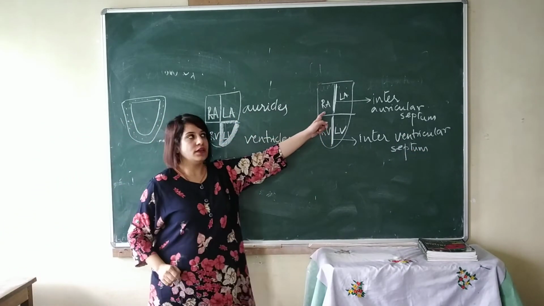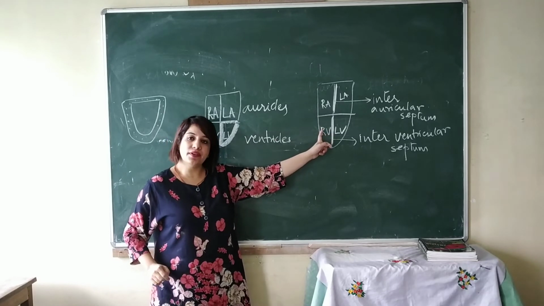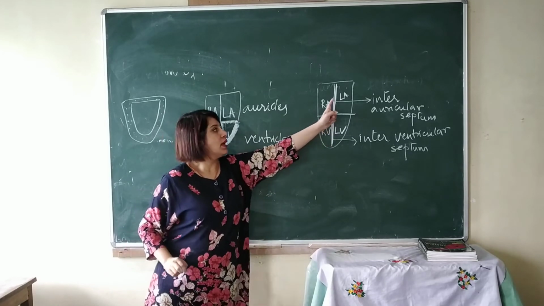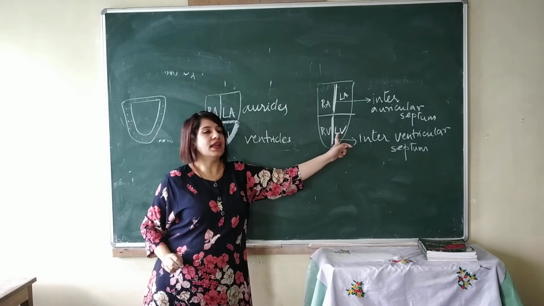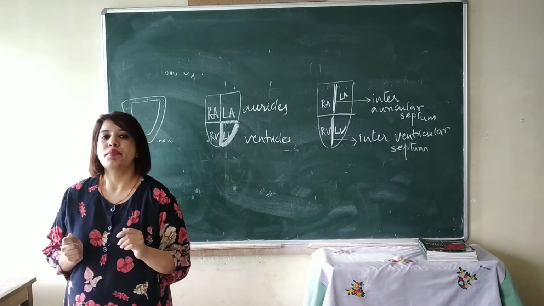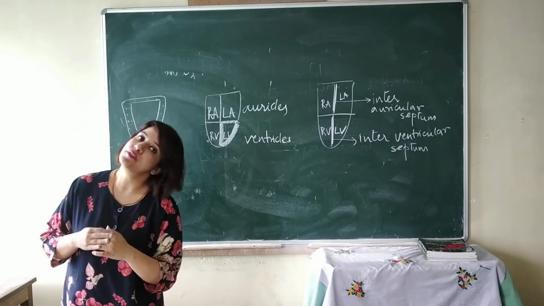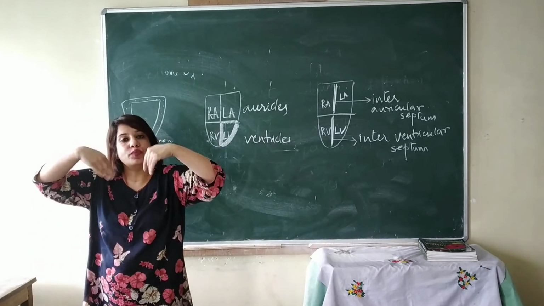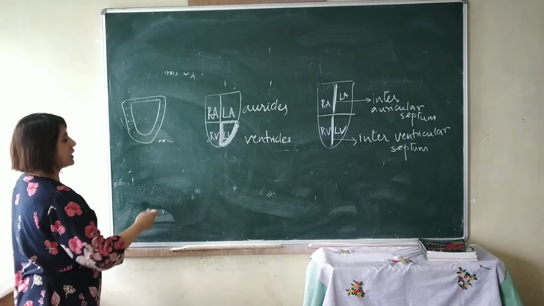In between the right auricle and right ventricle there is a valve, and in between the left auricle and left ventricle also there is a valve. The valves prevent the backflow of blood because they only open towards one side.